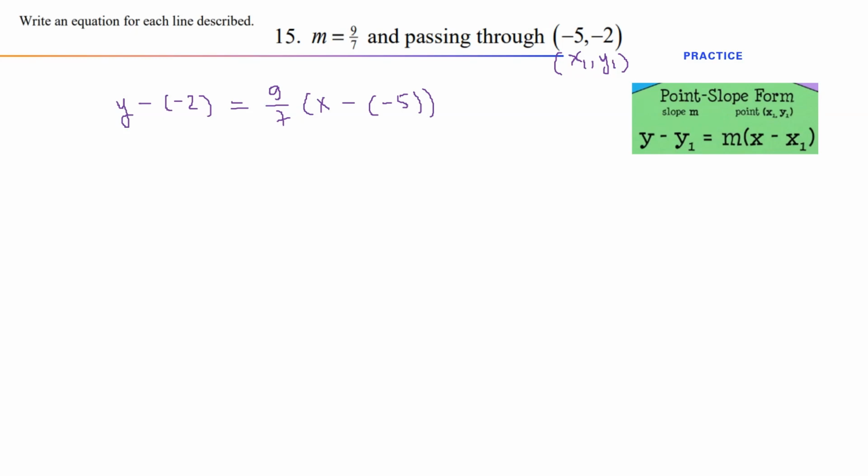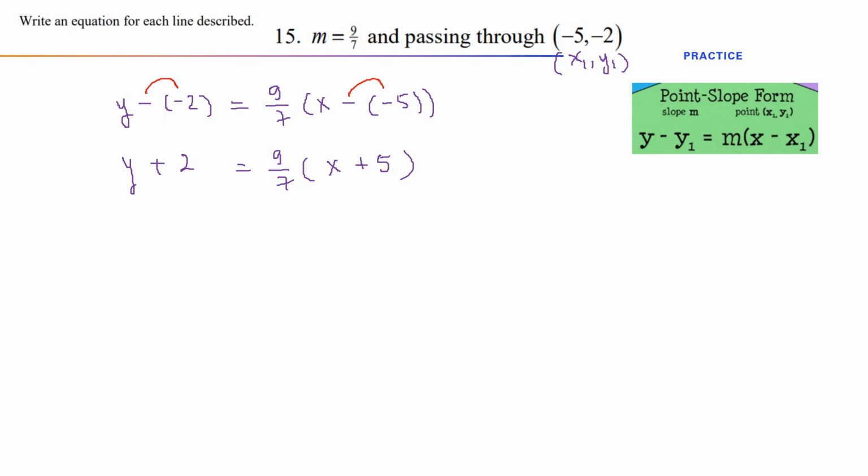Okay, we have to distribute the negative first. So we have y plus 2 equals 9/7 open parenthesis x plus 5 close. So be careful when you have negative and negative, that will produce positive.